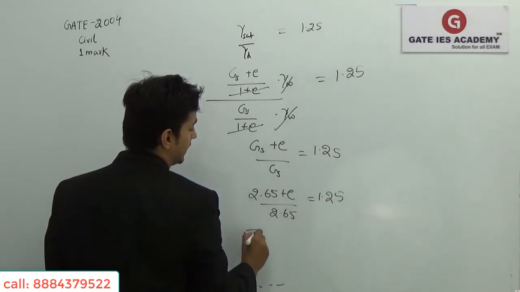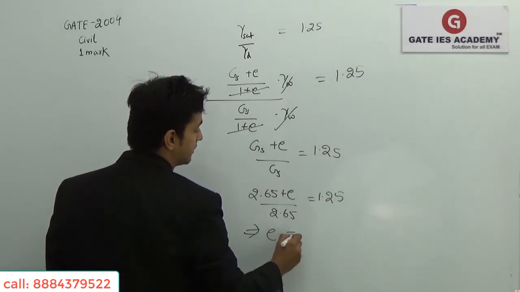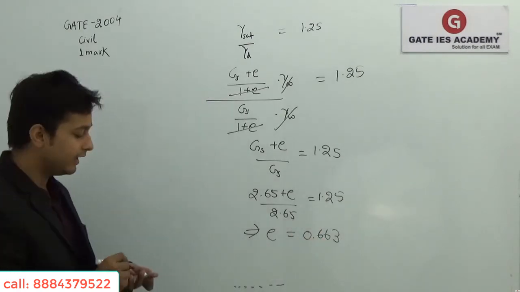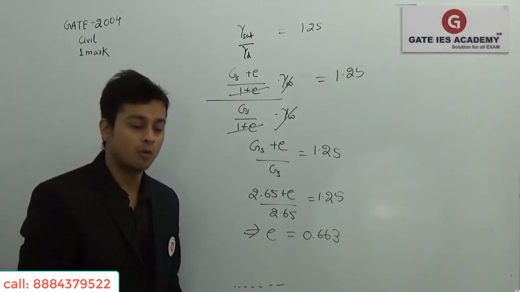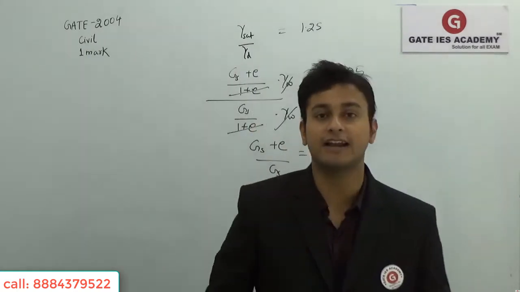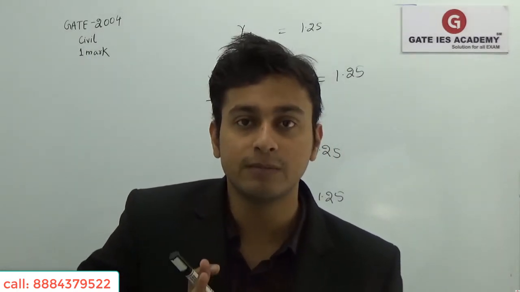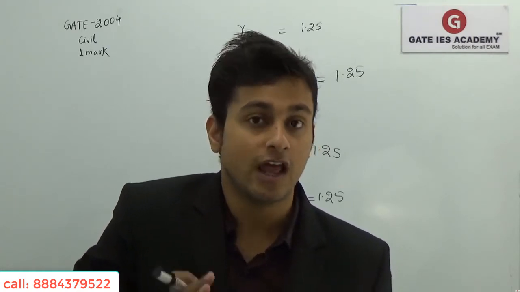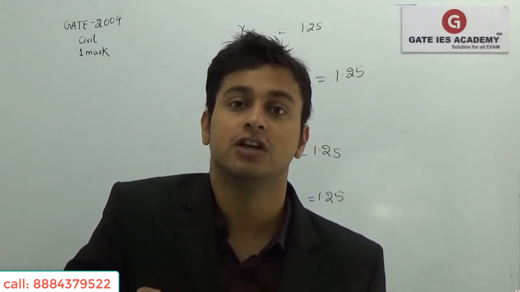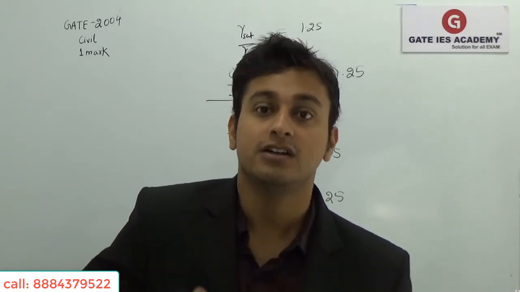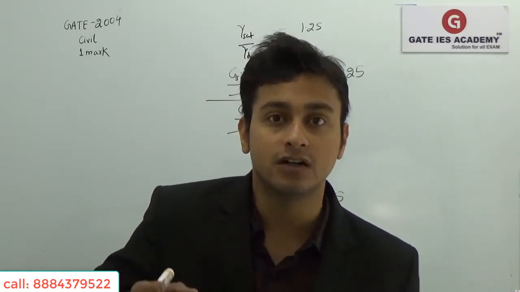From here, you can easily find out the e value, that is coming out to be 0.663. Okay, very simple problem. For 1 mark, you can easily find out the solution within 30 seconds. You have to minimize your time duration very well in the GATE examination so that you can invest this time in tougher questions and lengthier questions.